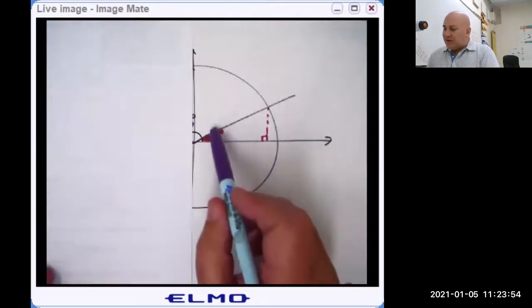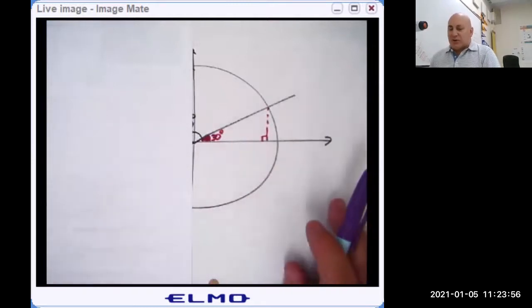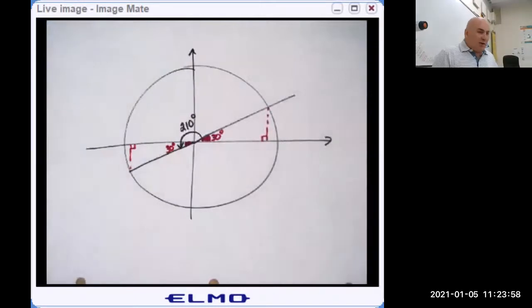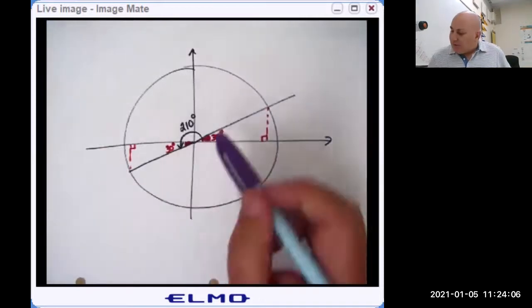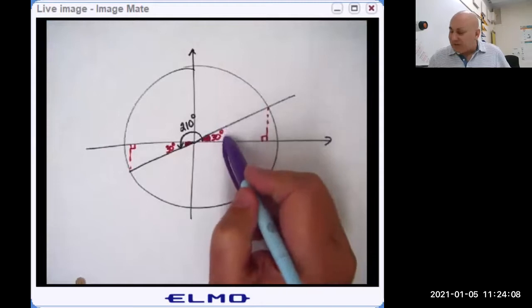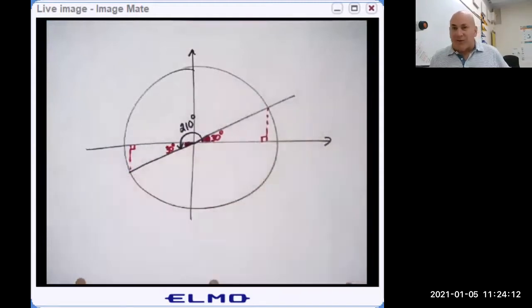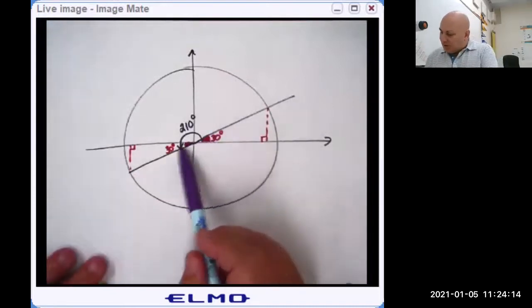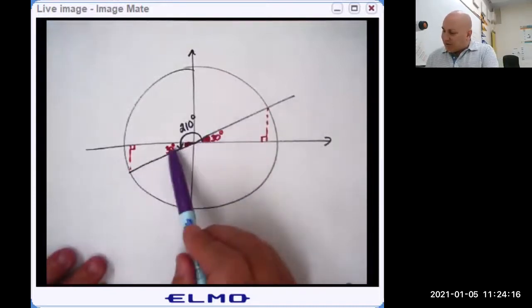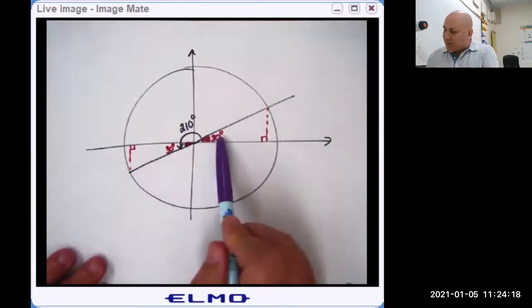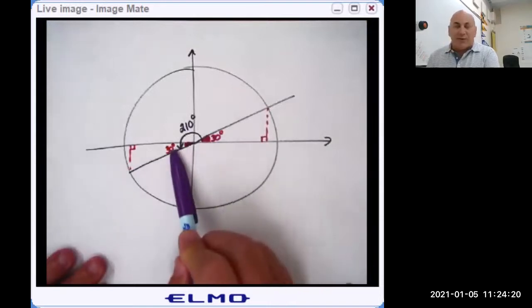But now let's add 180 degrees to it. Let's go to 210 degrees, which is what in radians? Well, if this is pi over 6, and you're adding pi, it would be 7 pi over 6. All right, so here's our angle down here, and you know that because these are vertical angles, these are both going to be 30 degrees or pi over 6.